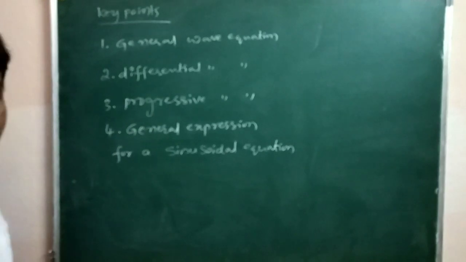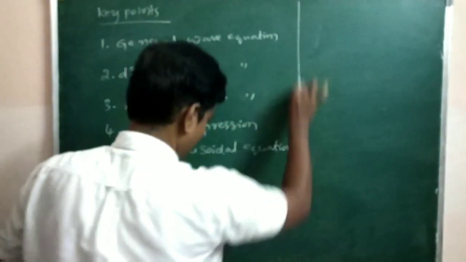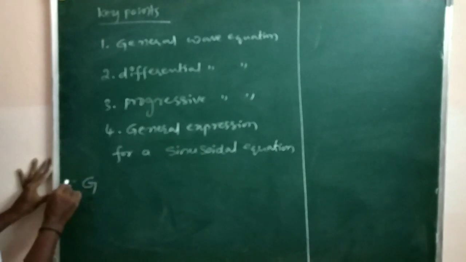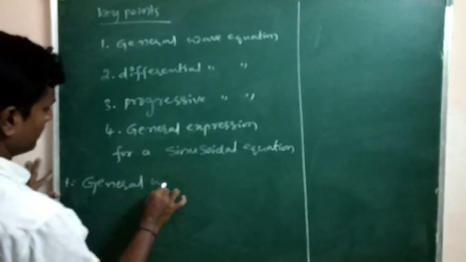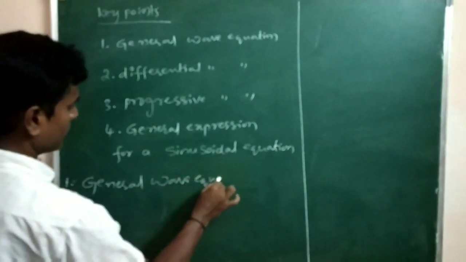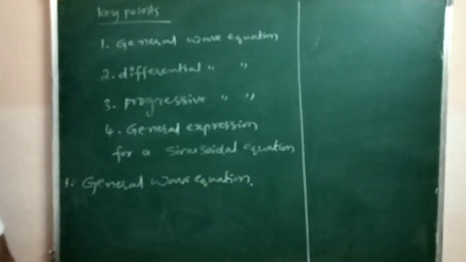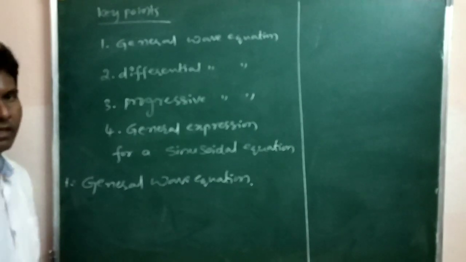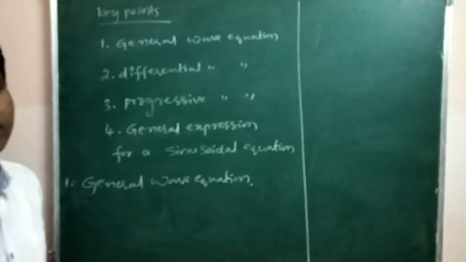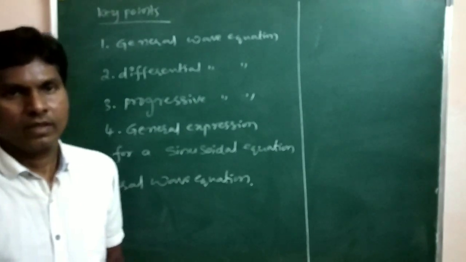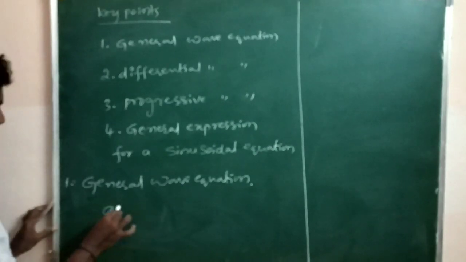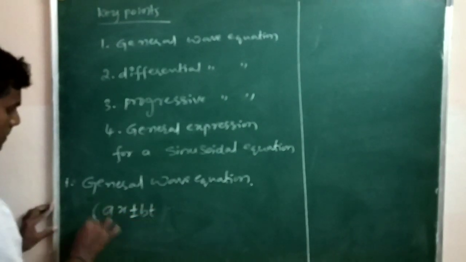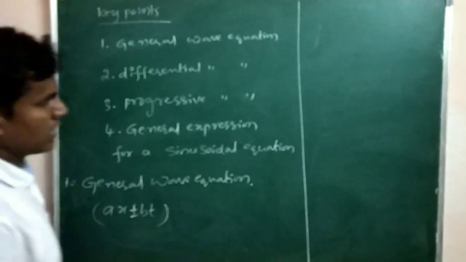The first one is the general wave equation. What is the general wave equation? The wave function of space and time mostly appears as a function of ax plus or minus bt.